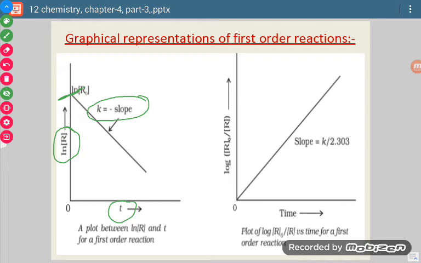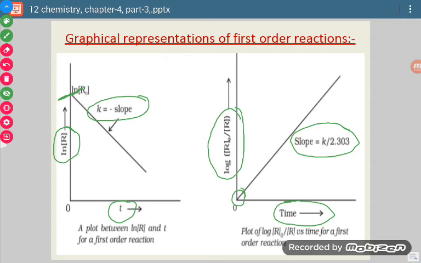Now if I take log of R naught over R versus T, then intercept value becomes 0 and slope becomes k by 2.303, and this is the graph which we will get.